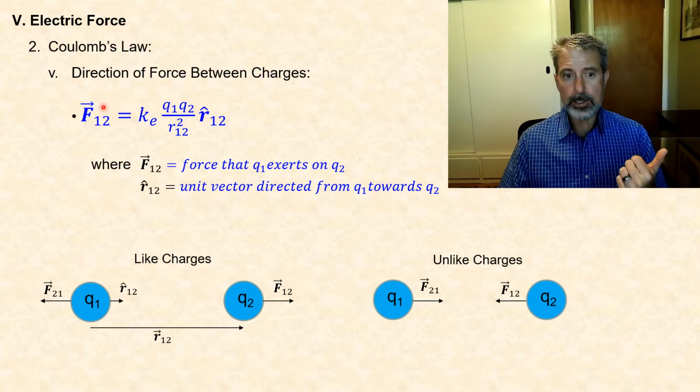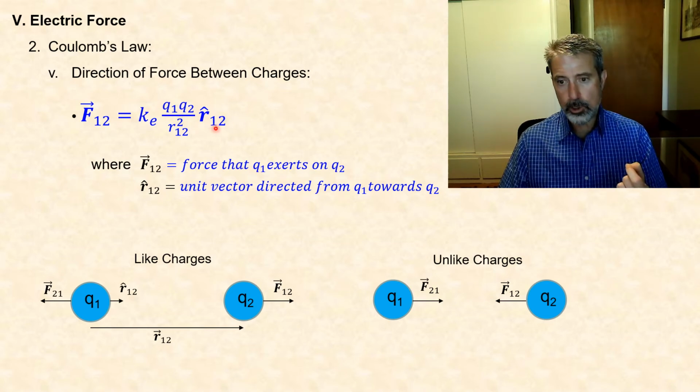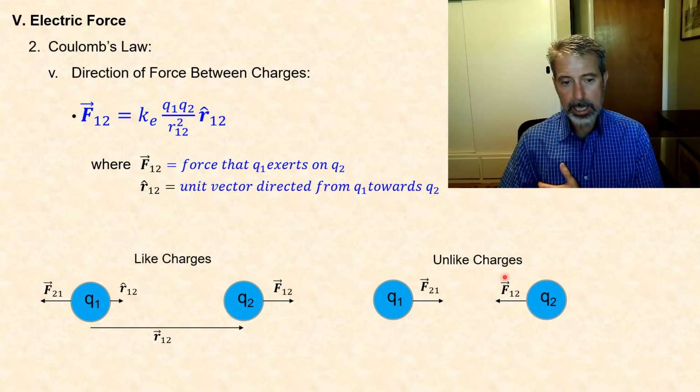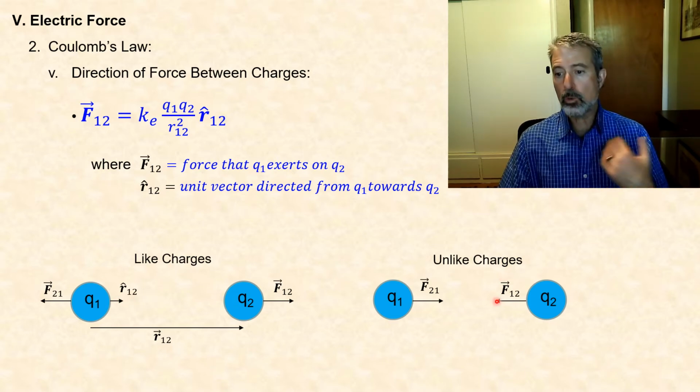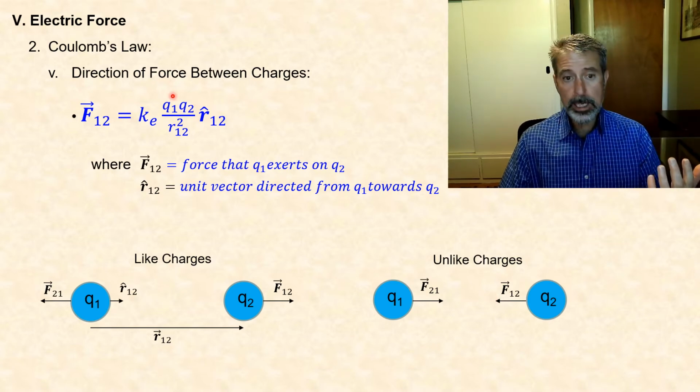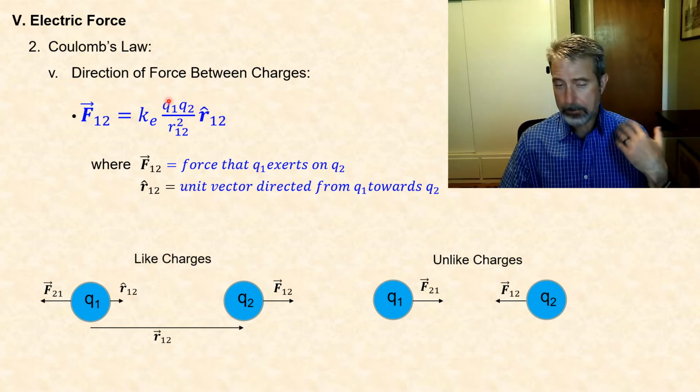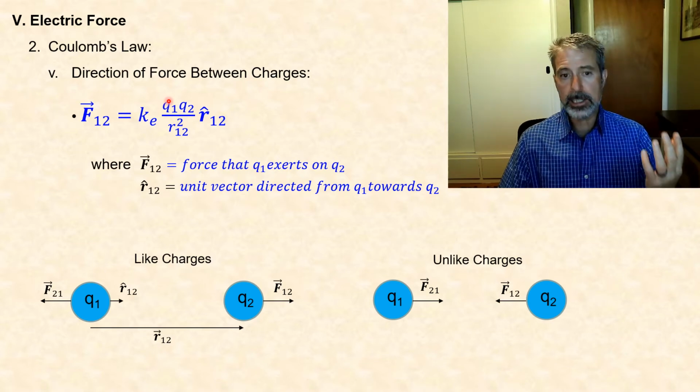What that tells you is that F sub 1, 2, the force that charge 1 exerts on charge 2, is going to be equal to, don't forget this negative sign, it will be in the opposite direction of R12 hat. Remember, R12 hat is to the right, but in the case of unlike charges, F sub 1, 2 will be directed to the left. So by putting in the signs of the charges, you will automatically have the direction spelled out for you with this notation.